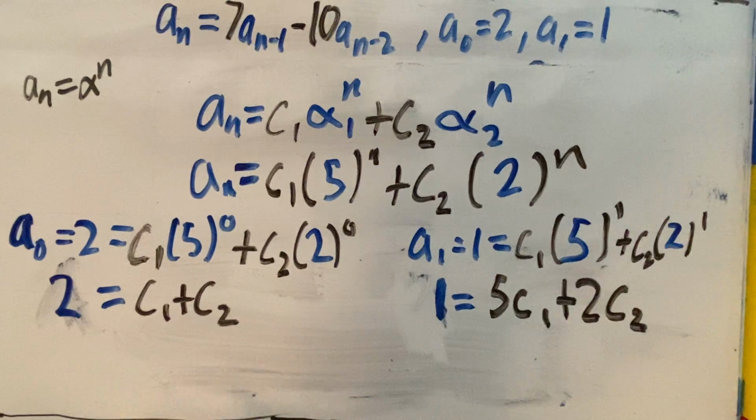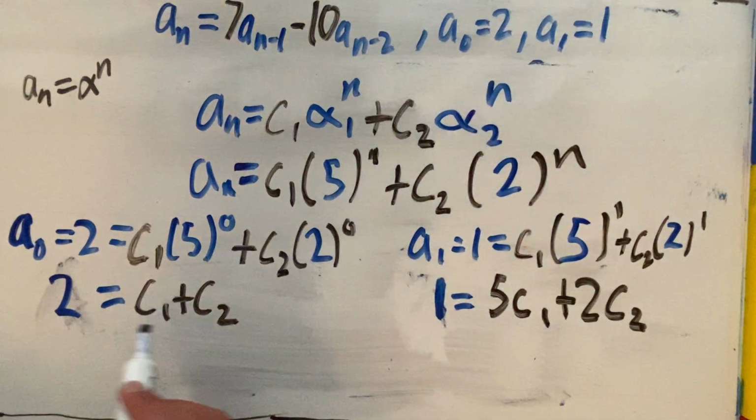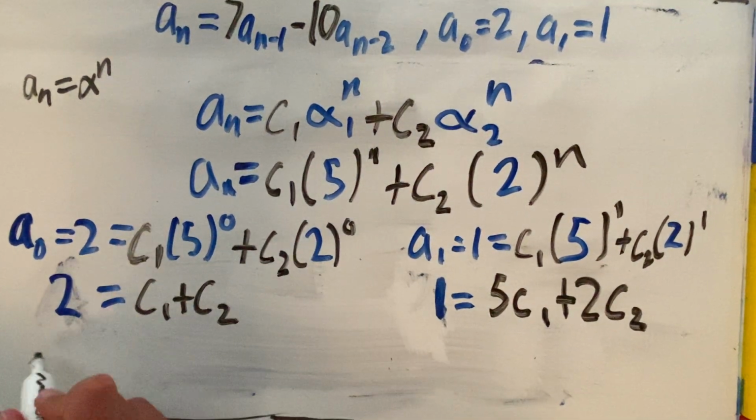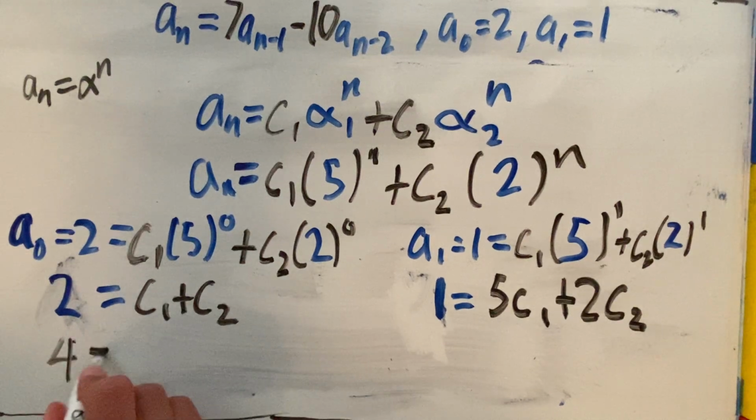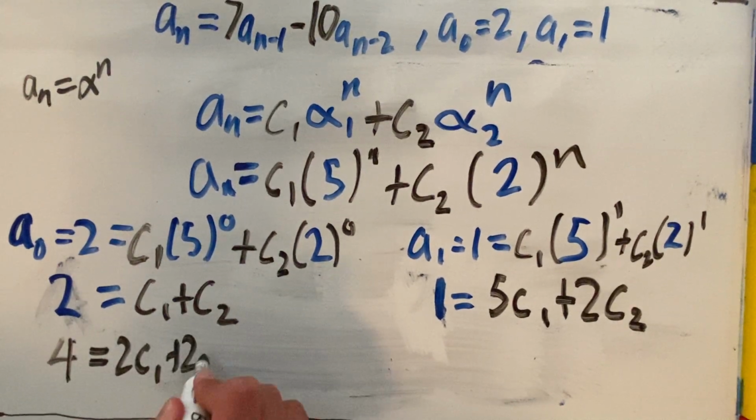So now we can do elimination. We can say here that, by multiplying by 2 on both sides, 4 equals 2c1 plus 2c2.